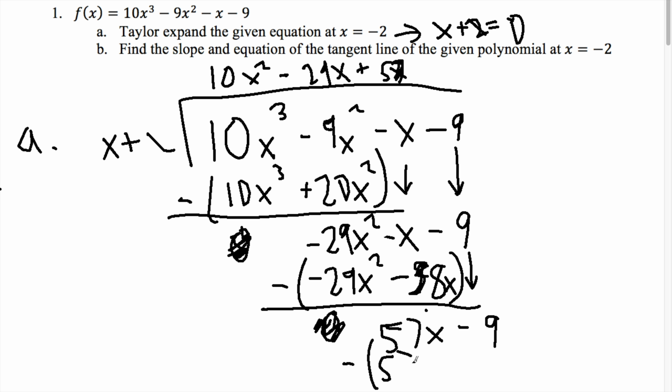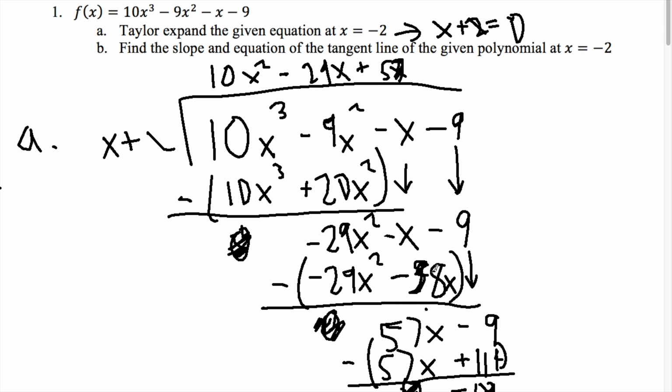So we get minus 57x minus 114, which gives you 0 once you distribute the negative, so you ignore it, and this gives you minus 123. And that is as far as we can go for this step.